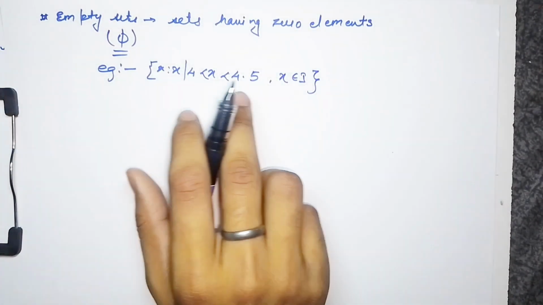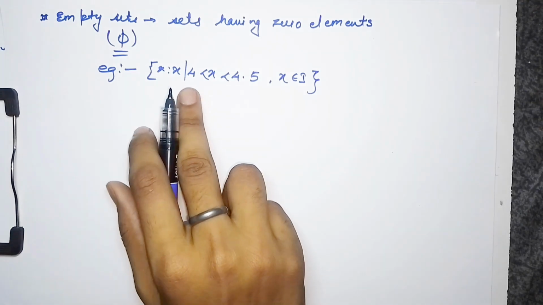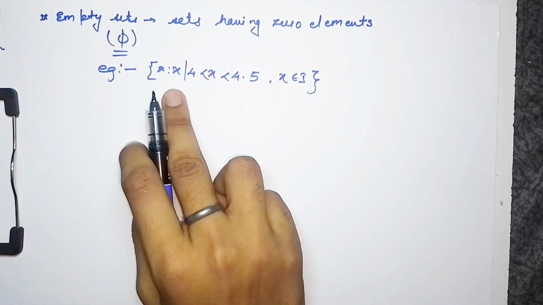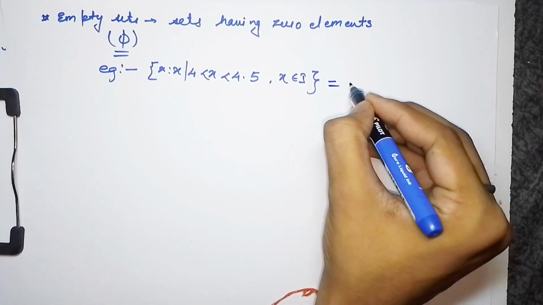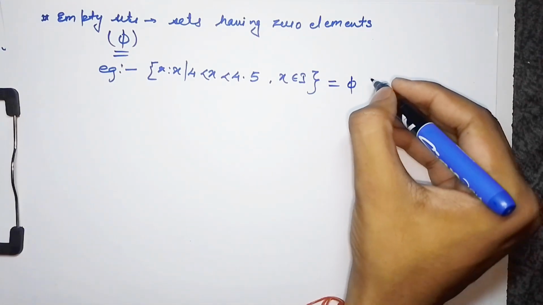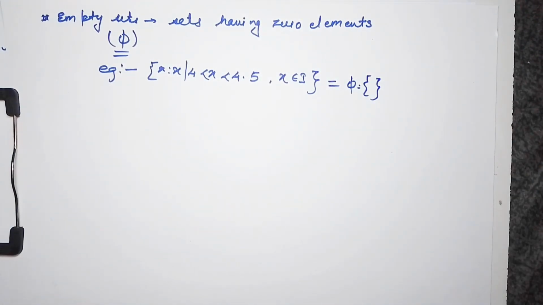What do you think? Isn't it an empty set? How could an integer exist between 4.5 and 4? There is no integer between 4.5 and 4. So in that case, this is an example of an empty set. We can represent this using the symbol phi, or simply we can write it like this. This also represents an empty set, that is, a set having zero elements.